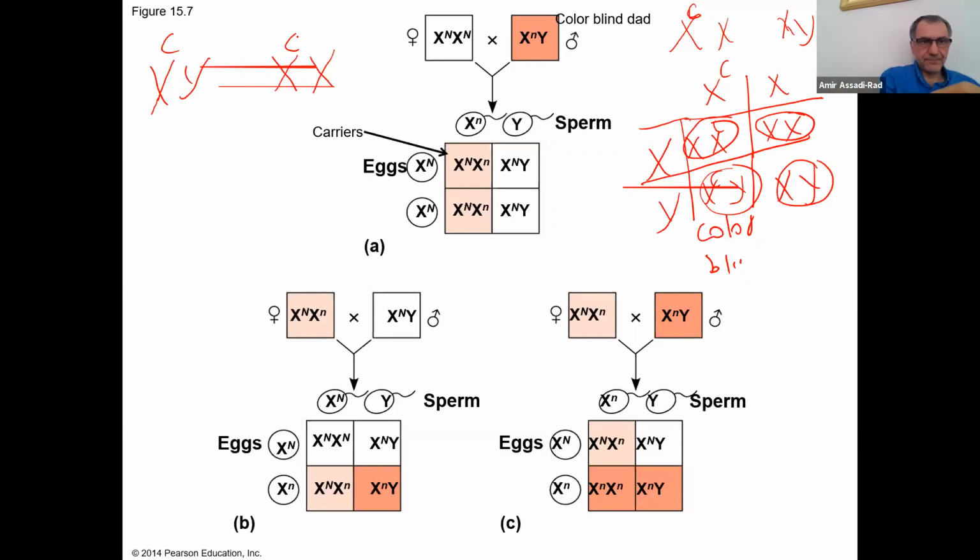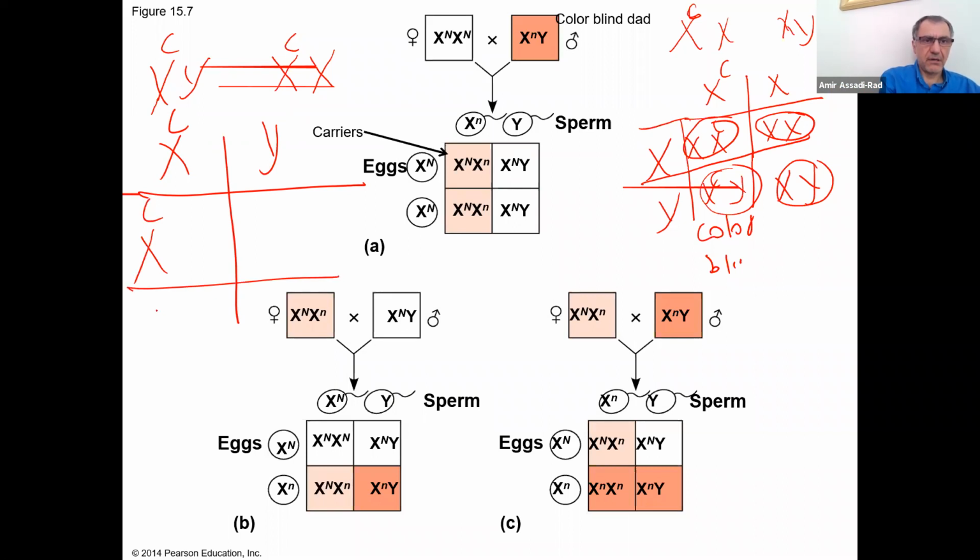Okay, they get married. Here are the possibilities of the sperm, and here are the possibilities of the egg. So they have a child, a baby girl, and guess what? Baby girl is colorblind. He says, oh my God, what happened?